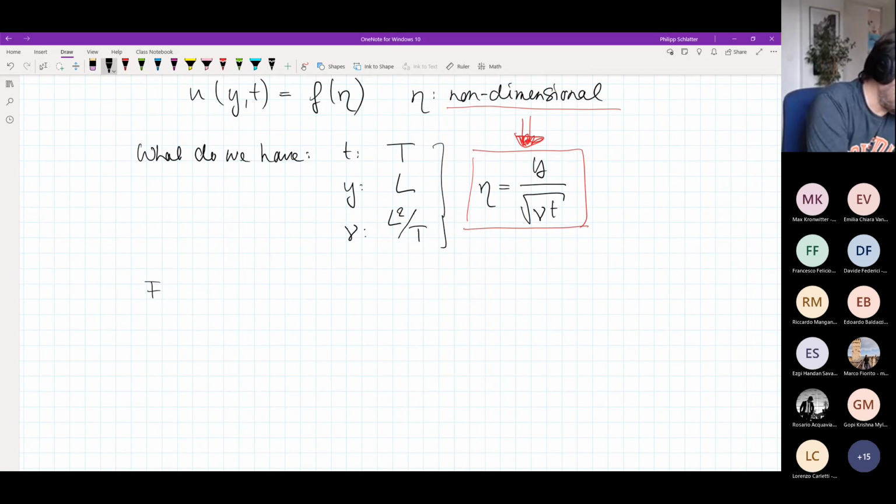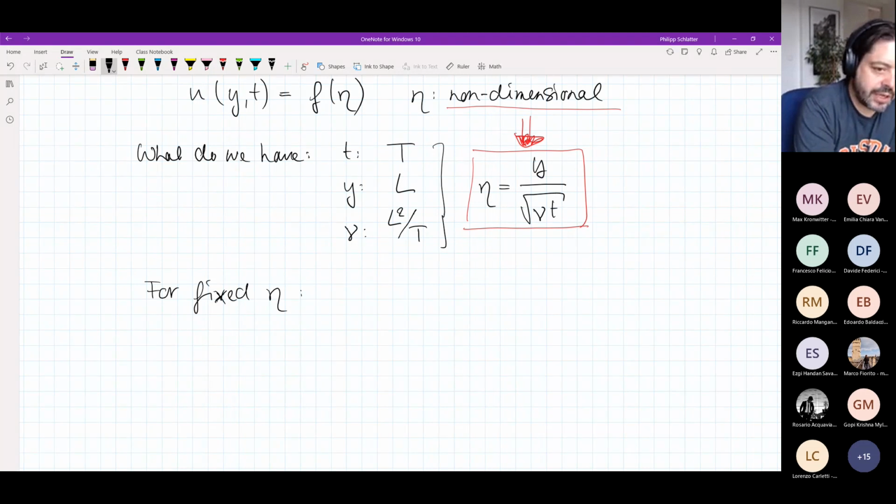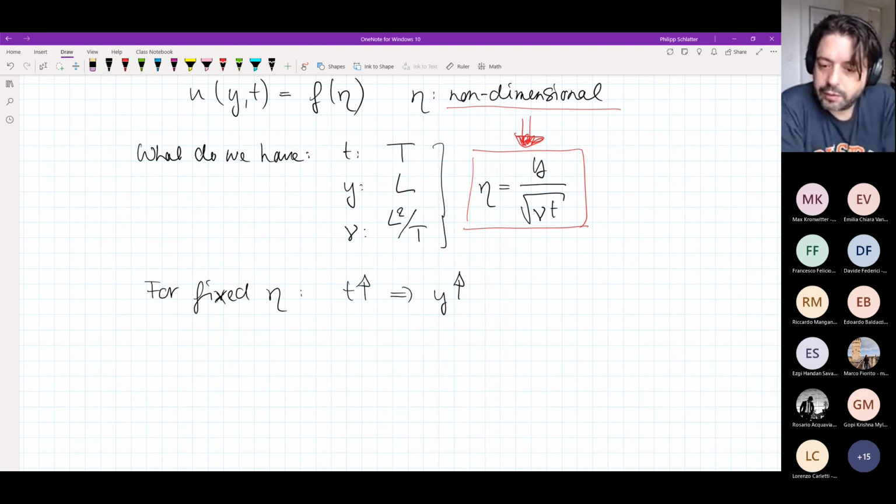If we are able to write our velocity profile as a function of eta instead, it would mean that for a fixed eta, if I increase my time, so I go to a later time, that would be the same as my vertical distance going up, because I divide y by the square root of t.